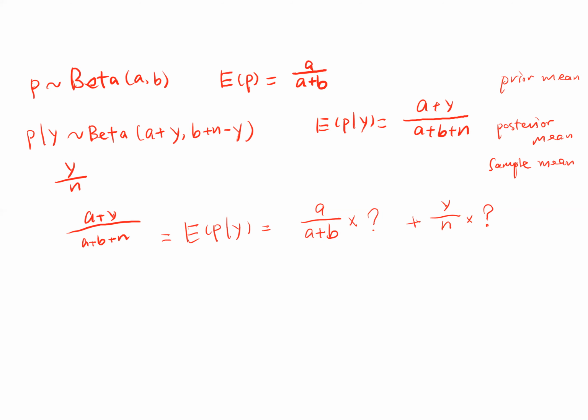If you figure it out, think about why earlier I was talking about the sum of A and B as the prior sample size, which also tells us about the strength of your prior. This is open-ended, so take some time and work it through.